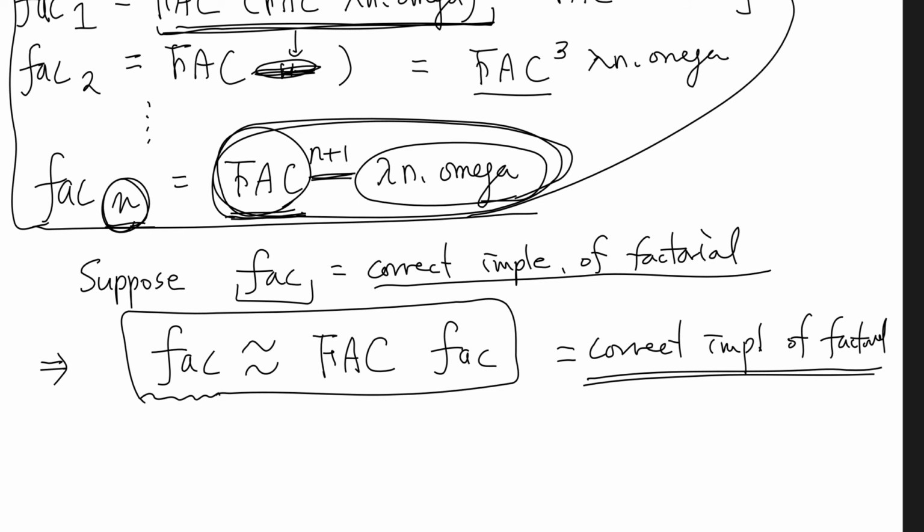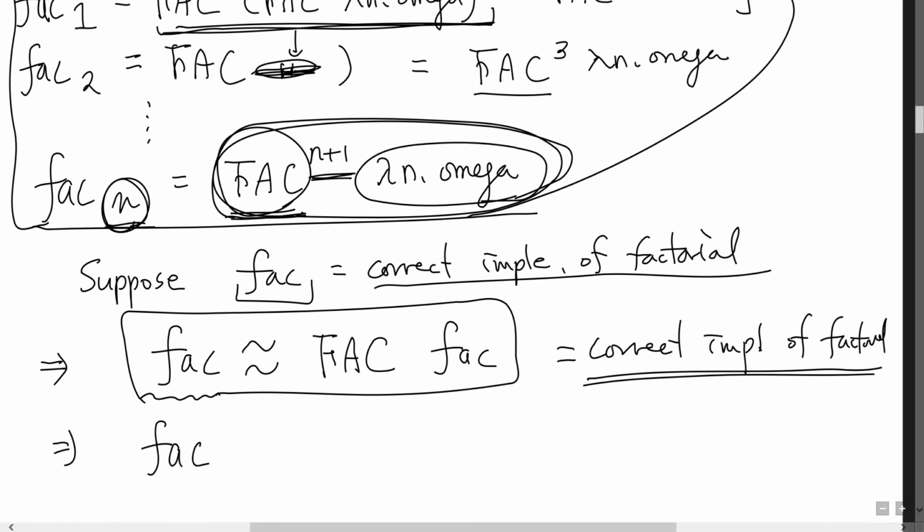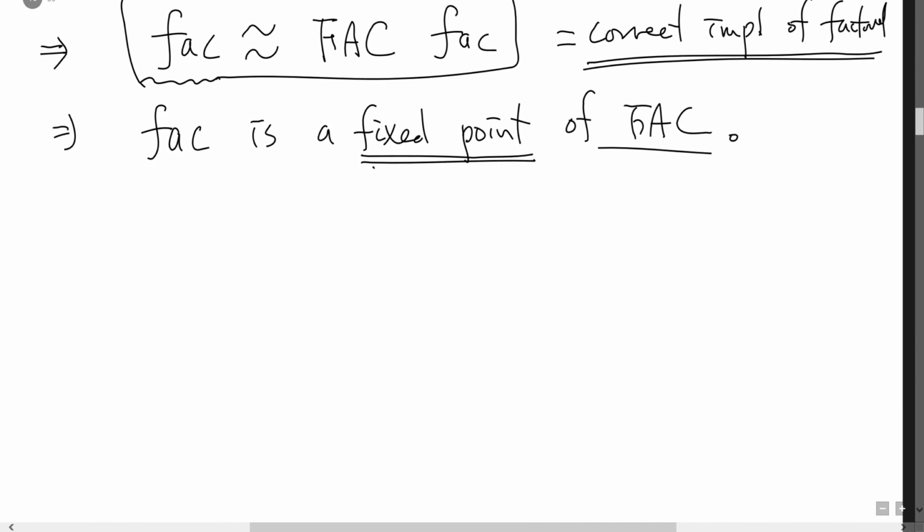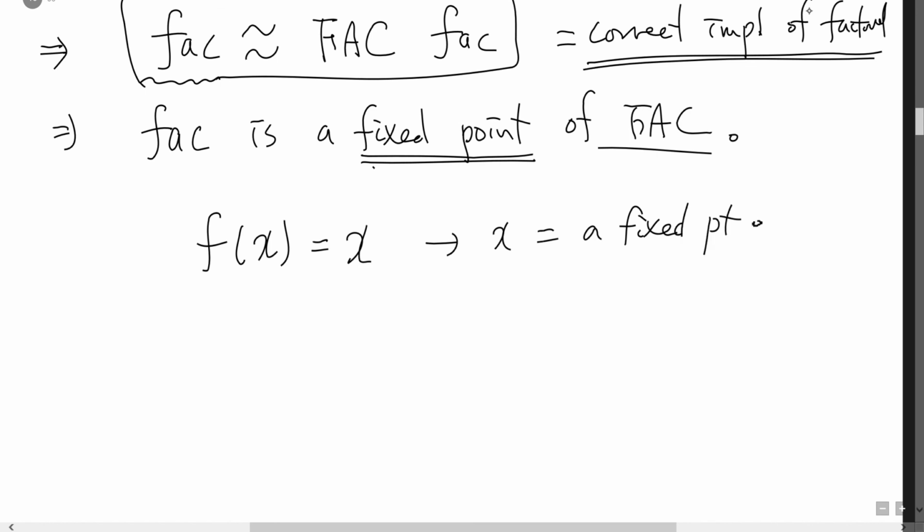Now, we say that this function factorial is a fixed point of this capital factorial function. So we first have to learn the notion of a fixed point. If you have a function f, and you apply the function f to an argument x, and the result is equal to the argument itself, we say that x is a fixed point of function f.